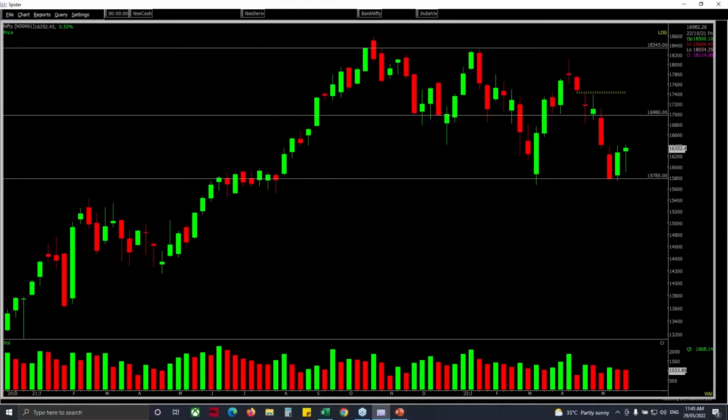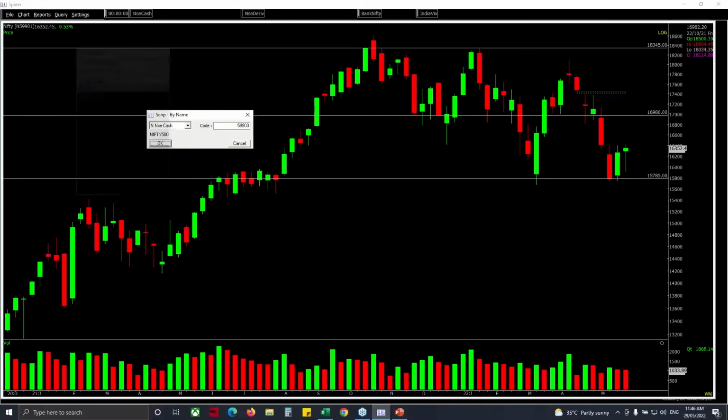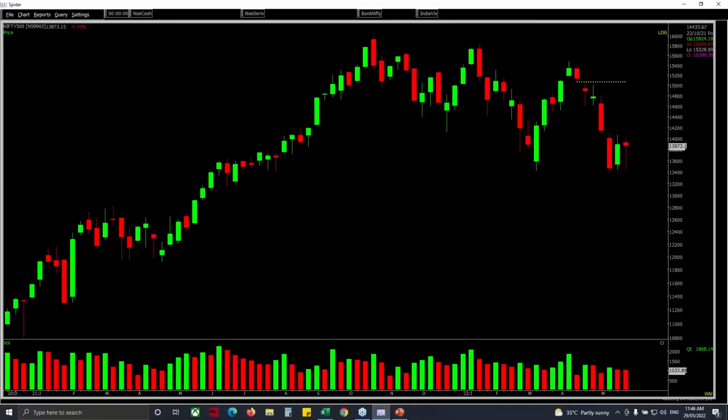Over here again, the thing that can be noticed is a lower high, lower lows pattern had formed, but recently the low has been similar as compared to the previous lows.